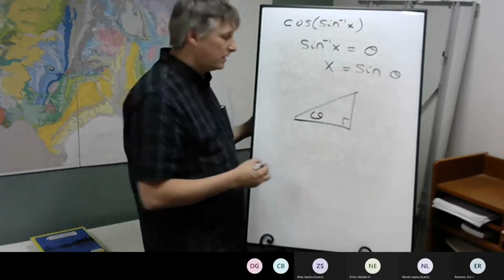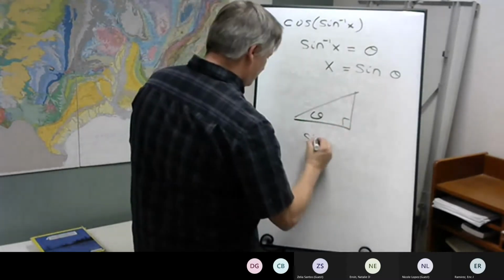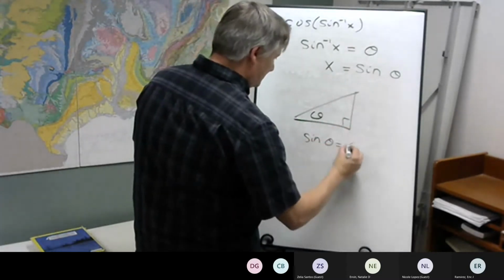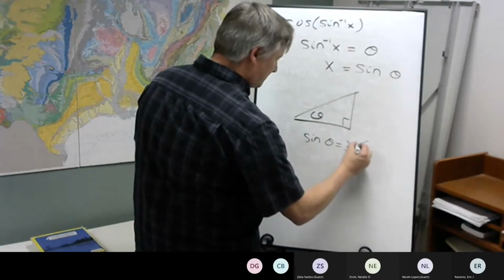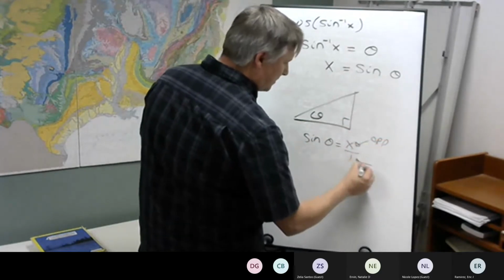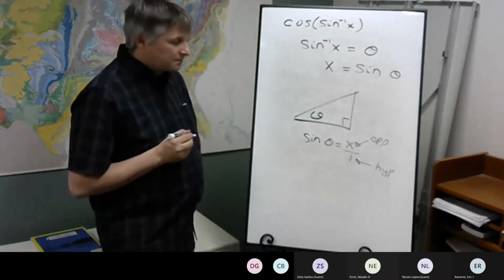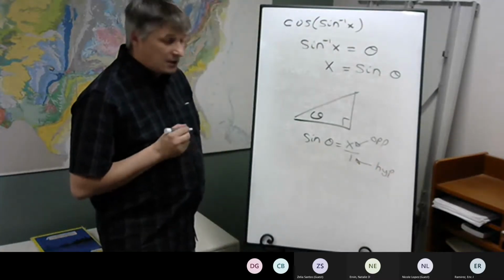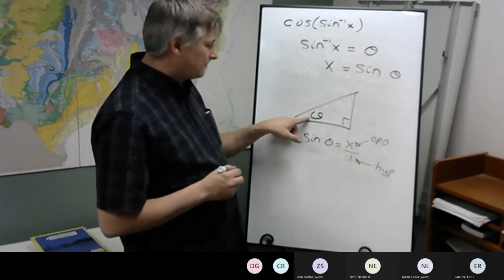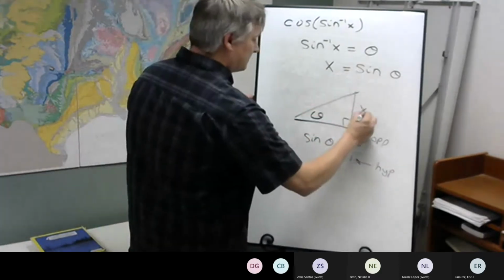It's actually x over 1. This is our opposite. And this right here, that's our hypotenuse. So if we take theta, the opposite is going to be x.